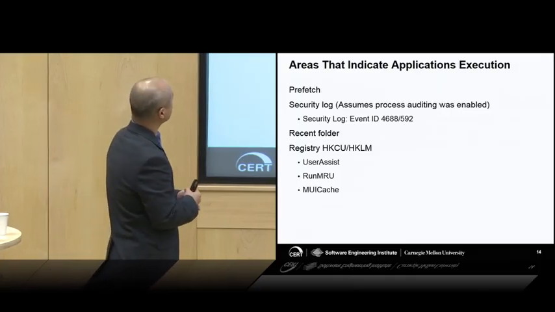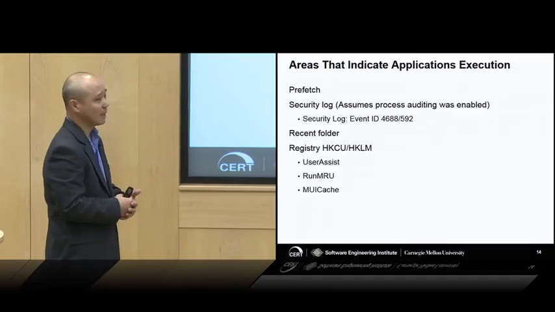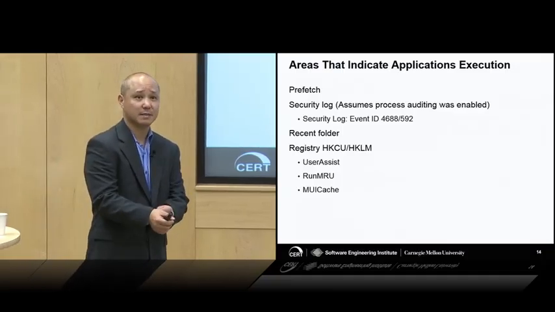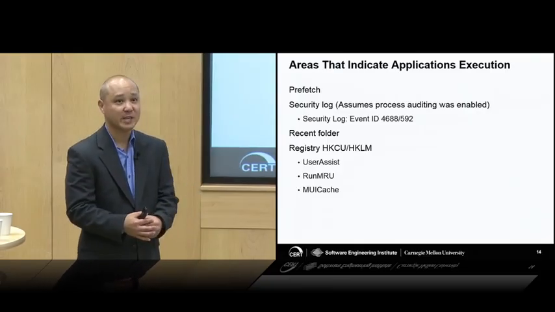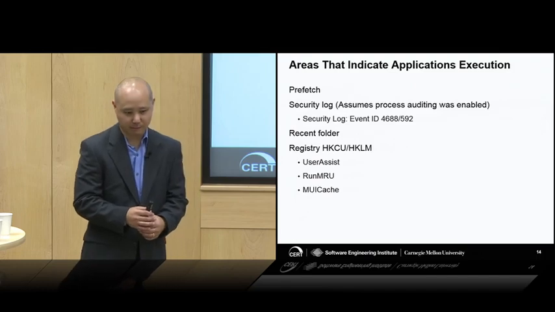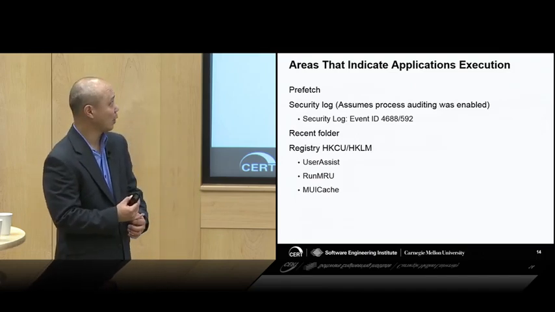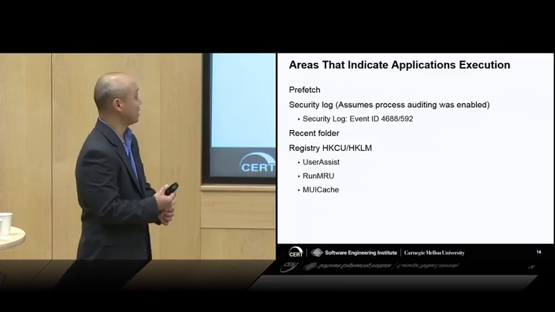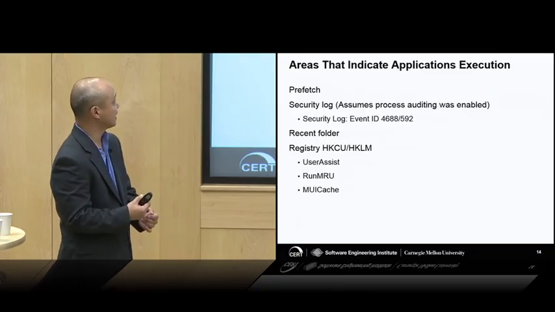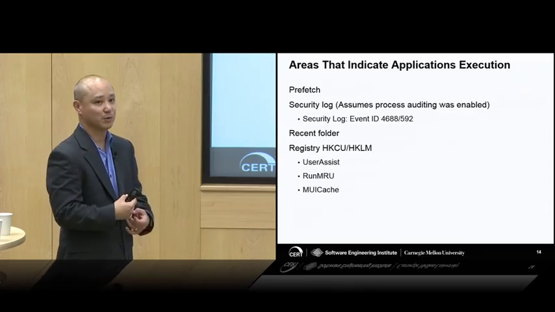The security logs. You can get events that show you when a particular item was executed. The recent folders: you've probably seen that in Microsoft Word, where you have your most recently looked at documents. They do have recent folders that you can look at to see which ones have been used most recently.